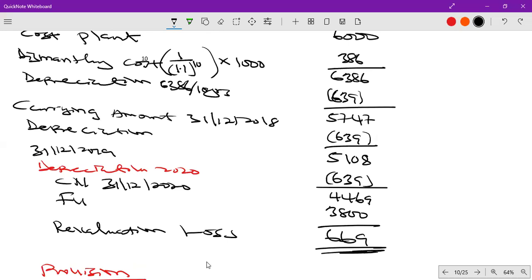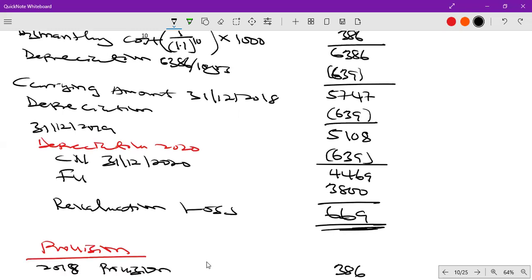So this revaluation loss, how are we going to record it? We have to debit the revaluation account with the previous revaluation. What was the previous revaluation?